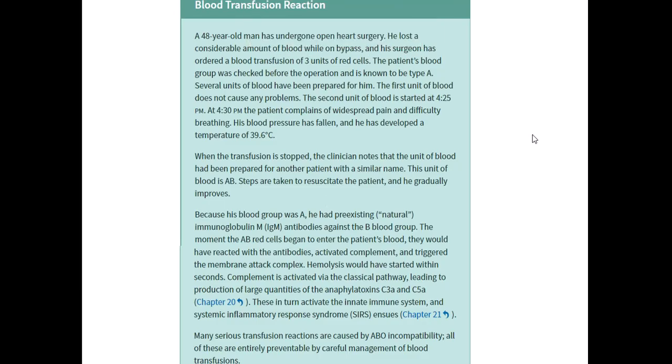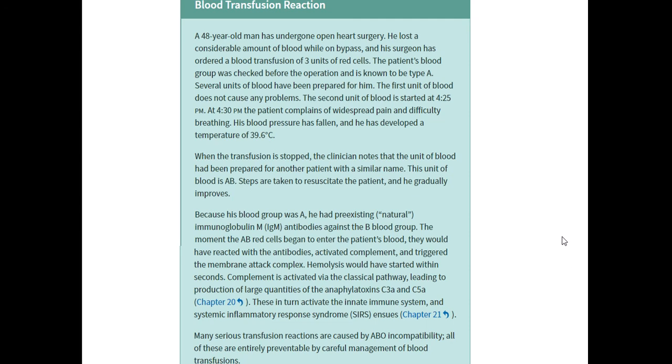So this is a clinical case about a 48-year-old man who underwent blood transfusion. If you read the case carefully, you will see that this patient was given the blood of another patient who has the same name, Muhammad Ahmed Mahmoud for example, without checking the double identifier that I was telling you about.